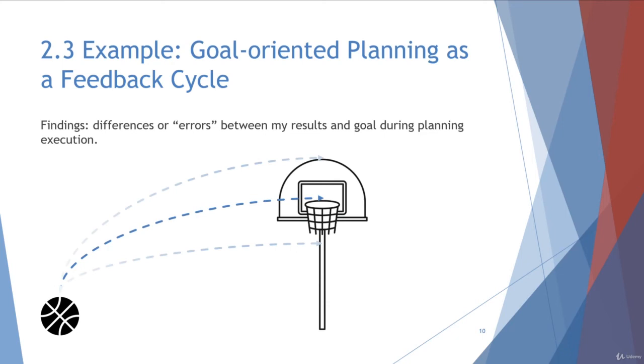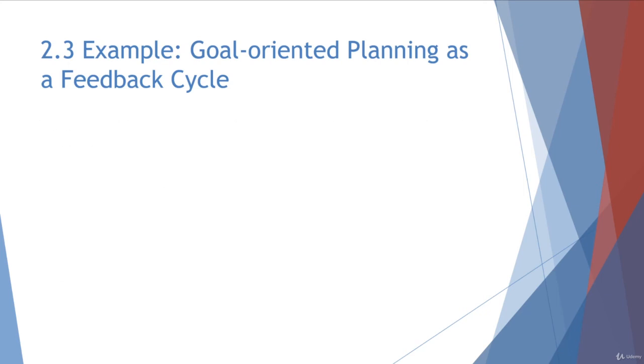Based on these differences or errors, as we mentioned earlier, I evaluate different variables in my plan like shooting technique, scheduling, nutrition, sleep, etc. I might end up coming up with a more or less ambitious practice schedule, changing up the technique, or deciding that the goal has been sufficiently met based on requirements or personal reflection. This could lead me to start the goal-oriented planning process again.